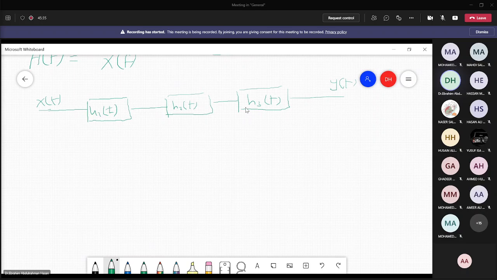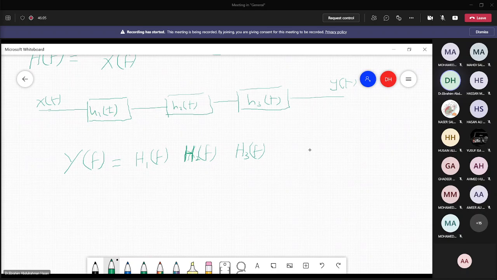And this is only if you have 3 systems. If you have more, it takes even longer. But if you work in the frequency domain, it is very easy. So y of f is just equal to h1 of f multiplied by h2 of f multiplied by h3 of f.